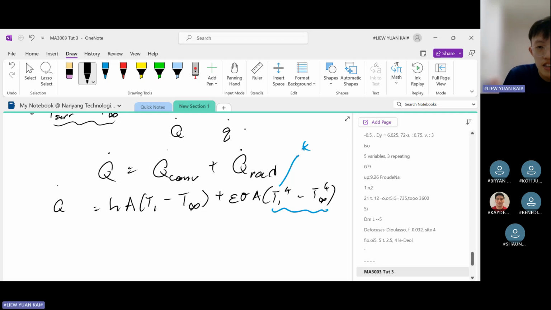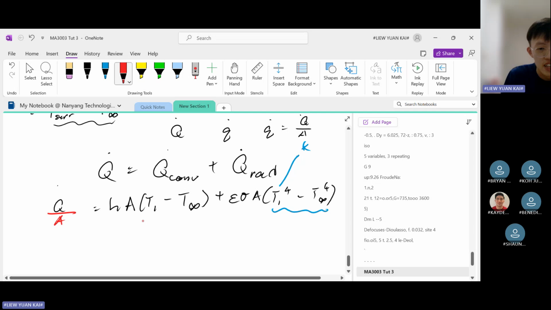Small letter q is actually big letter Q per unit area. So we divide both sides by area. This cancels, this cancels, and this Q dot will be small letter q. This is actually just the formula of this.